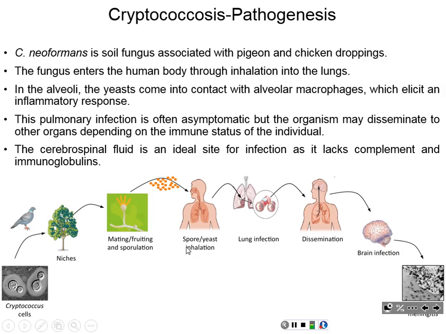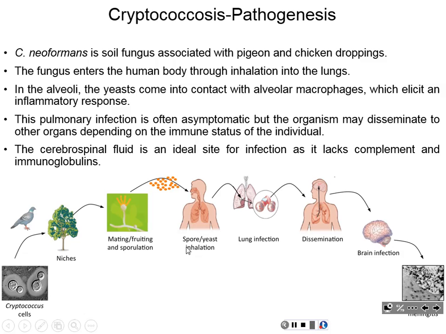And it enters the body by inhalation. Then once in the lungs, the yeast come into contact with macrophages, and we get an inflammatory response. So in you and I, immune-competent individuals, this is usually asymptomatic because our lungs come into contact with things all the time.